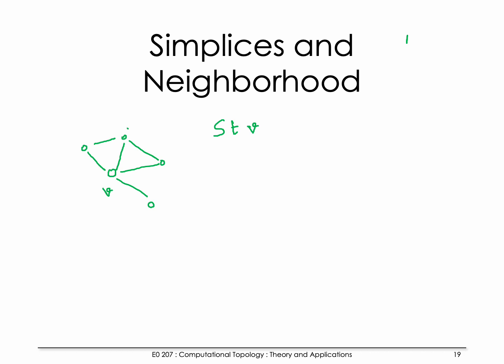So edges such as VV1, VV2, VV3, let's say VV4 and VV5, and other cofaces such as VV4V5, VV3V4, VV2V3, VV1V2 and VV1V5.